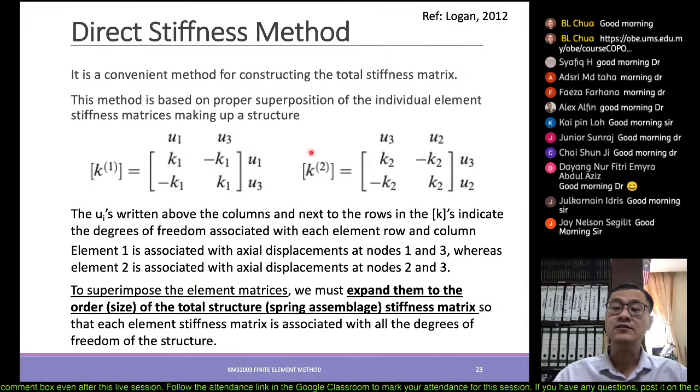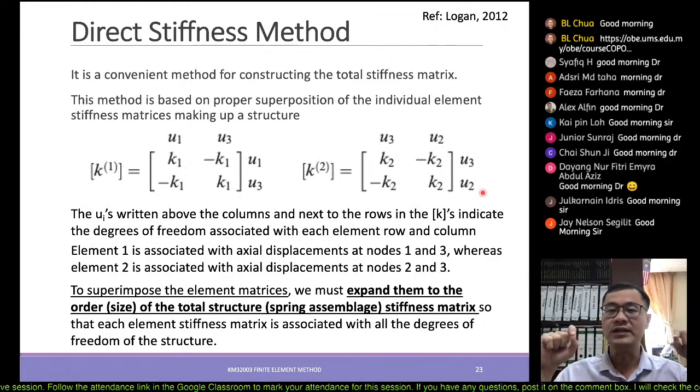Same thing for element number 2: K2, minus K2, minus K2, K2. The spring is connecting node number 3 and node number 2, so you put U3, U2, U3, U2, as it is, based on the numbering of the nodes connecting that particular element or spring.